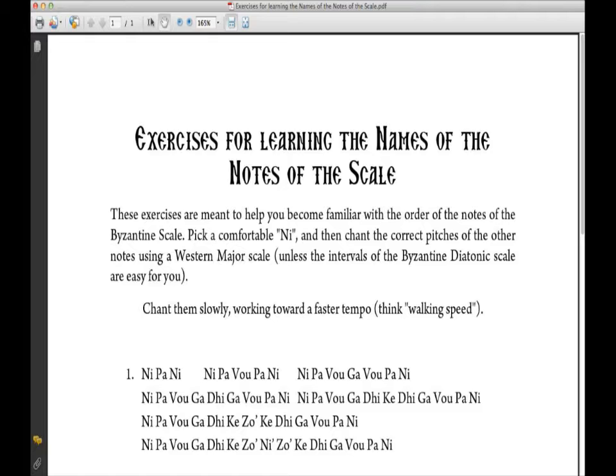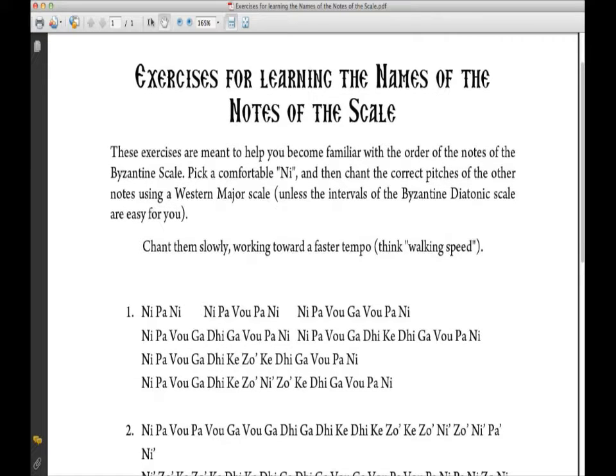Number 1 would be like ni pa ni, but eventually ni pa vu pa ni pa vu ga, so that you actually know what's going on. If you can do them very quickly, you don't have to think about them anymore. Just read it as it's written and sing the right pitch with me. So number 1.